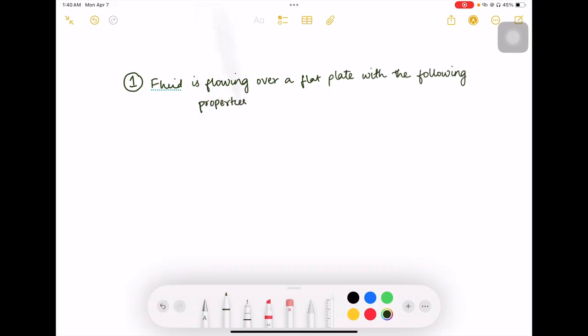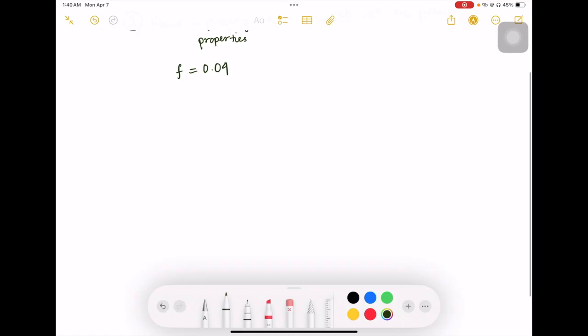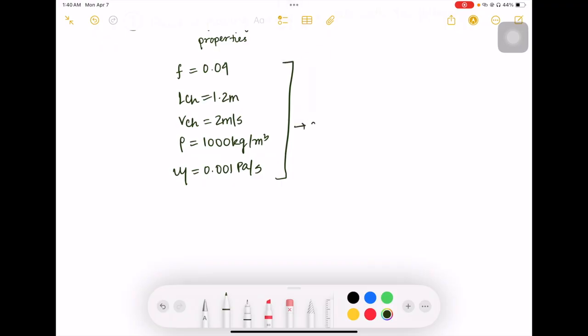The friction factor is given as 0.04. Characteristic length is given as 1.2 meter. Characteristic velocity is given as 2 meter per second. Fluid density is given as 1000 kg per meter cube. Dynamic viscosity mu is given as 0.001 Pascal second. Check the units for the question.